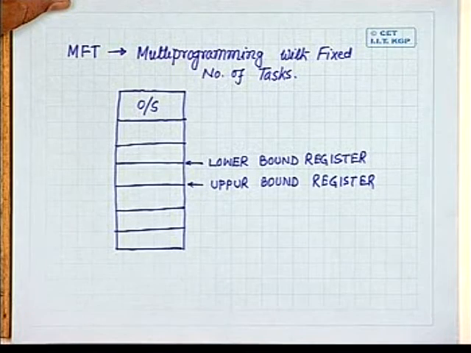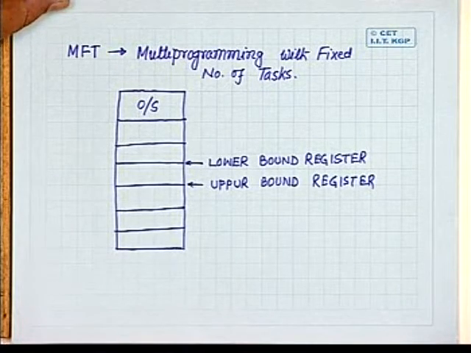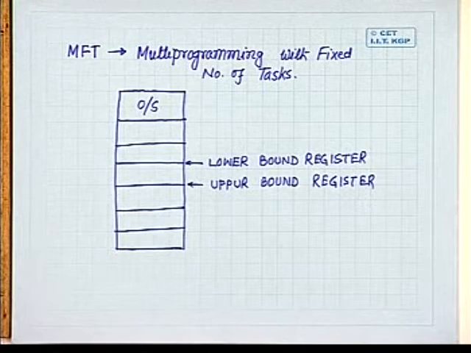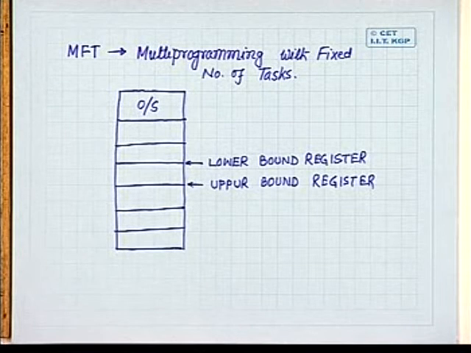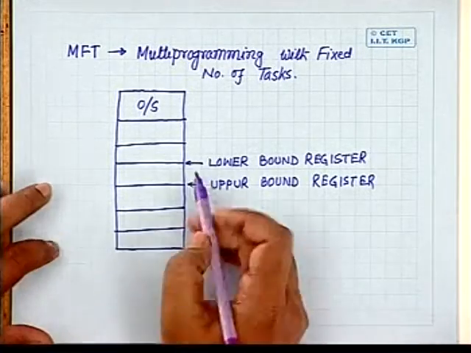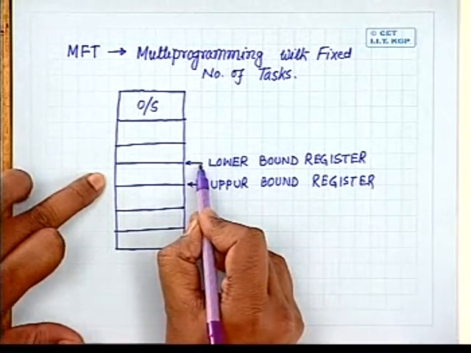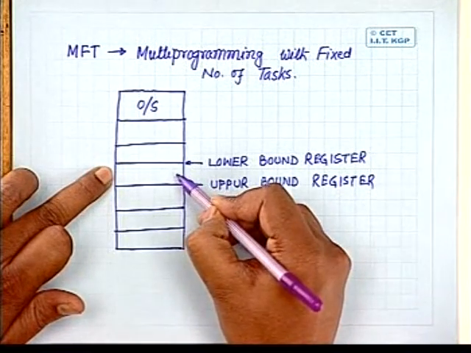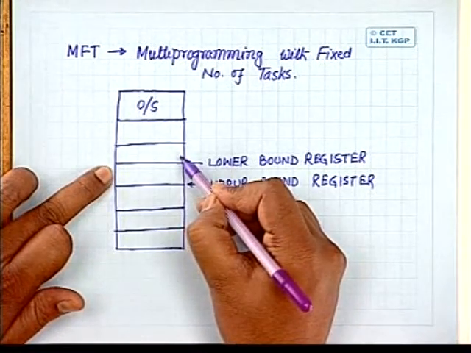Now the scheme for protection will be that whenever an address is generated by the CPU, if the address is less than the lower bound register content, there has to be a trap. Because the address generated by the CPU is less than the content of the lower bound register, the process is trying to access some memory location which is not allocated to it.